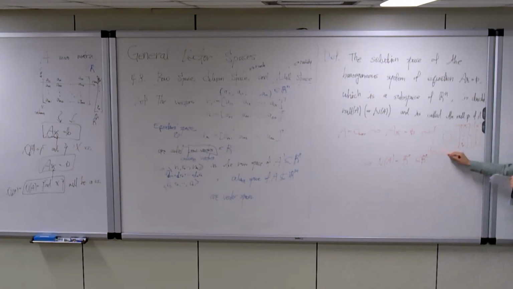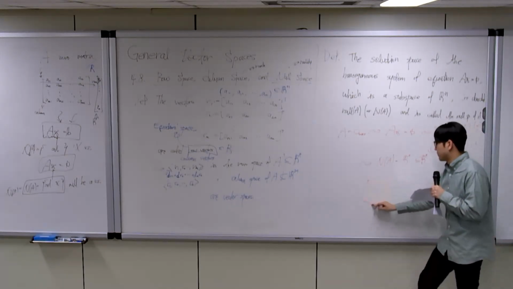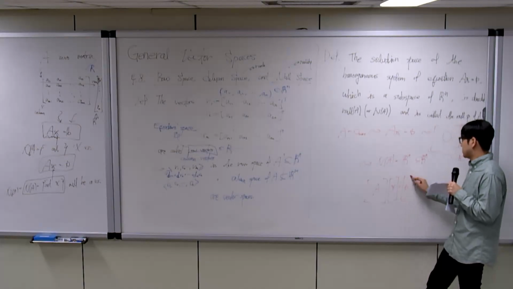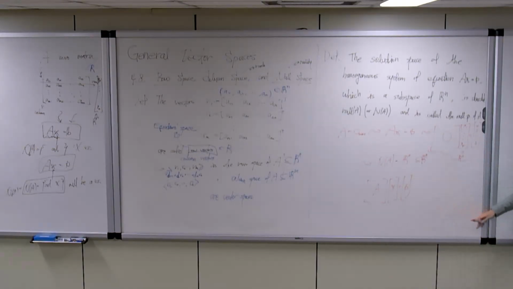So in this sense, if you have a matrix A and a vector x, you will find the homogeneous equation solutions.